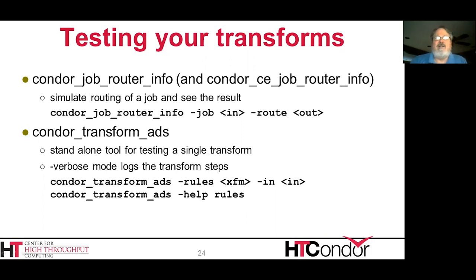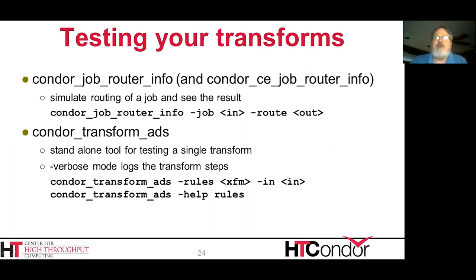This new job transform language can be hard to understand, especially with the dollar substitution. And so we have tools that you can use to test things. The job router info tool, or the Condor-CE job router info tool if you're using the CE, can be invoked to print out all of your routes to show you what the configuration looks like, or you can actually invoke it as a testing tool where you pass in a job class ad as a file and get out the transformed job class ad as a file.